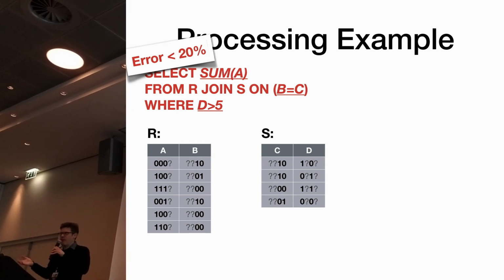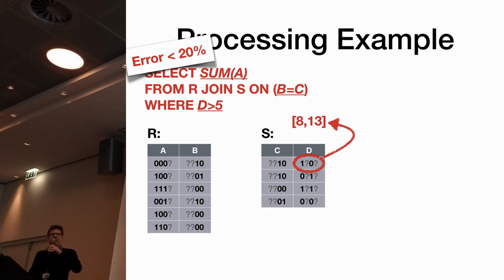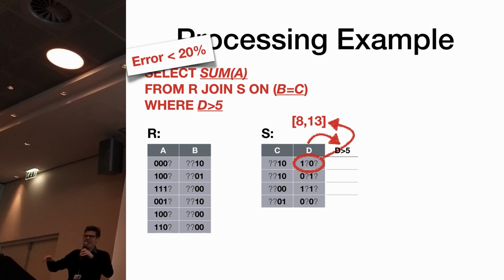Now, to simplify things, let's assume that we are dealing with positive integers here. Then based on the bits we know, we can associate each field with a range of possible values depending on how the unknown bits are set. Based on this value range, we can, for instance, evaluate the unary predicate d > 5, and we can conclude for some rows that they certainly satisfy this predicate.